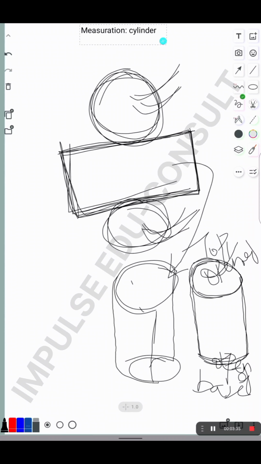Now let's proceed. Now definitely this curved surface, if folded, I have a circle at the top, a circle below.